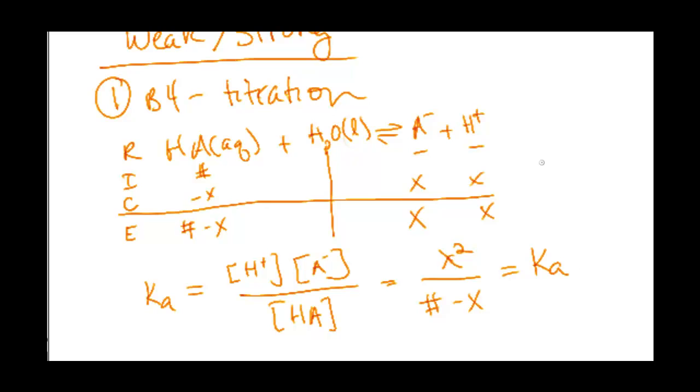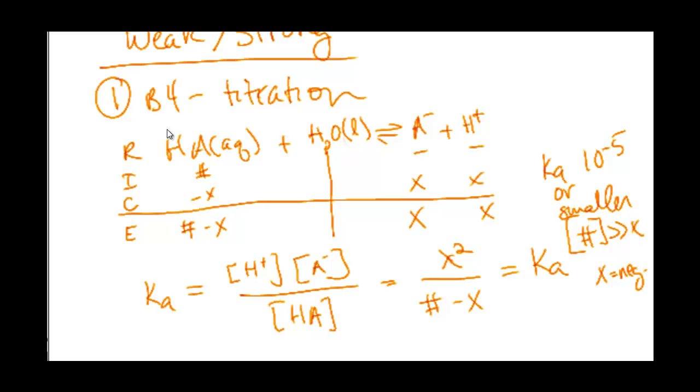So also there's that condition that states that if your Ka is 10 to the negative 5 or smaller, your initial concentration, whatever that molarity is, is going to be much greater than the change. So X is therefore negligible.